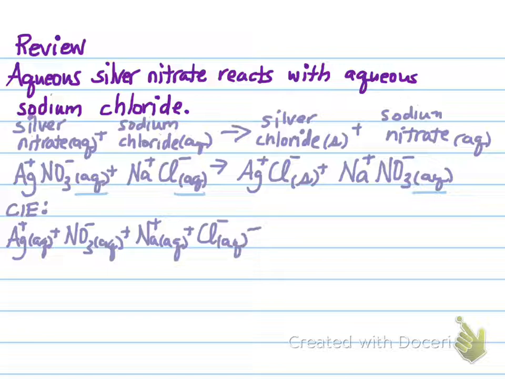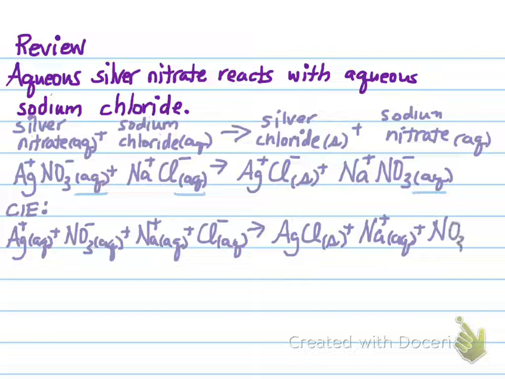Now, we don't break apart the silver chloride because it's a solid. And if we're going to rewrite a compound formula, we should leave the charges out. And then we're going to break apart the sodium nitrate, so sodium ion and nitrate ion. And then, again, our next step was to identify our spectator ions.